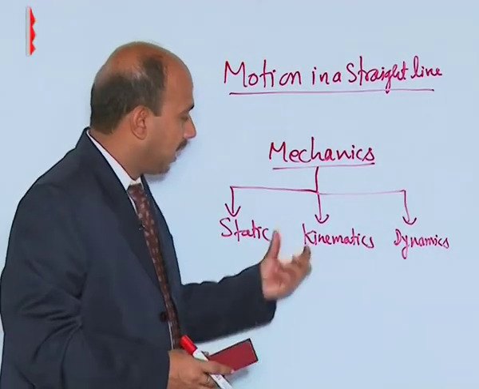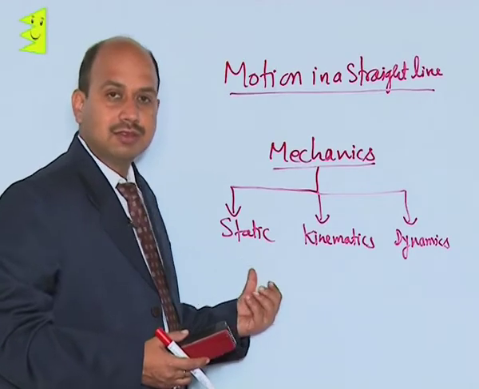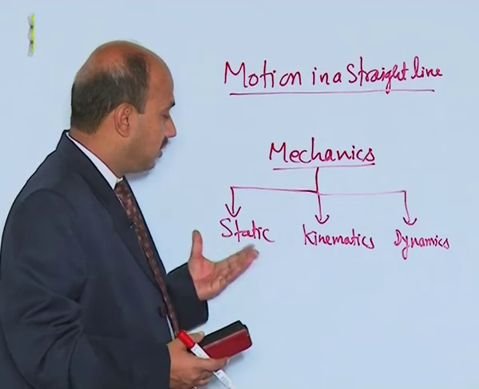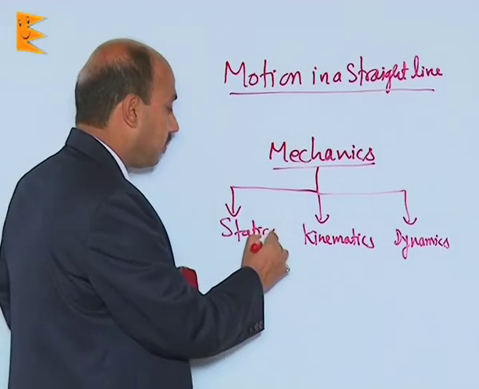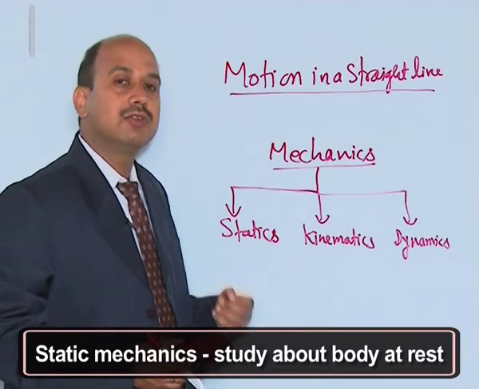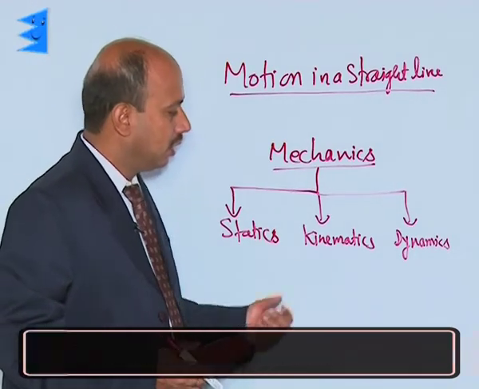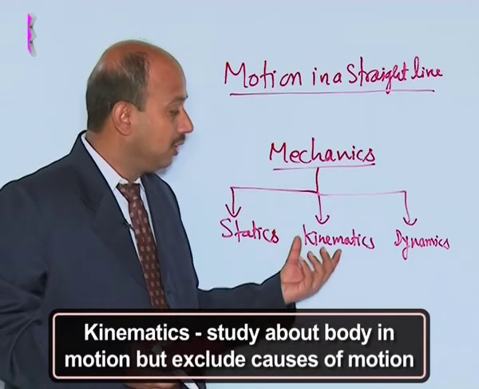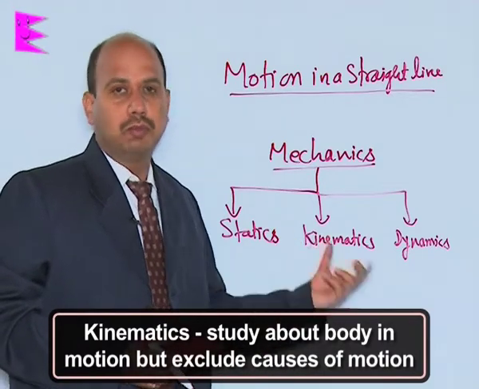So see here, in mechanics, the first part is statics. In static mechanics, we study about the body which is at rest, which does not change its position with the time. In kinematics, we study about the body which is in motion, but we do not include the causes of motion here.